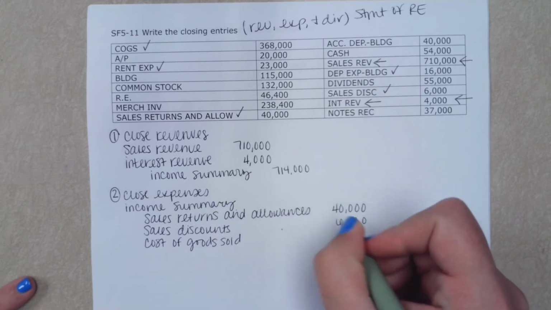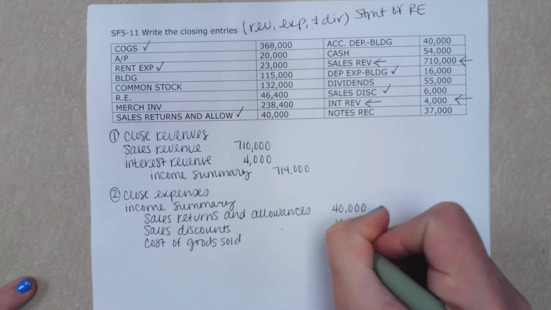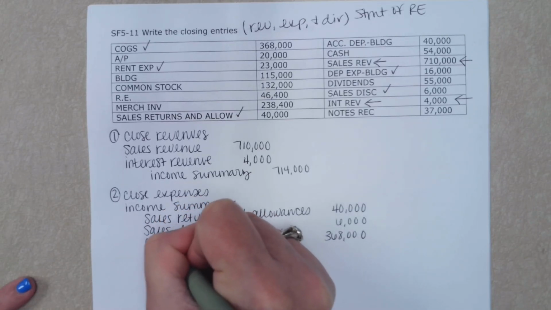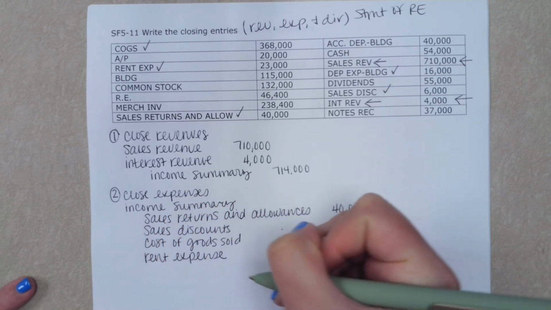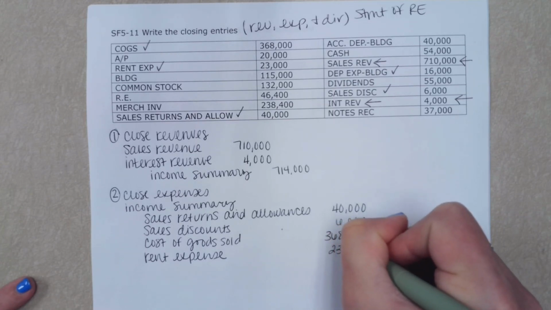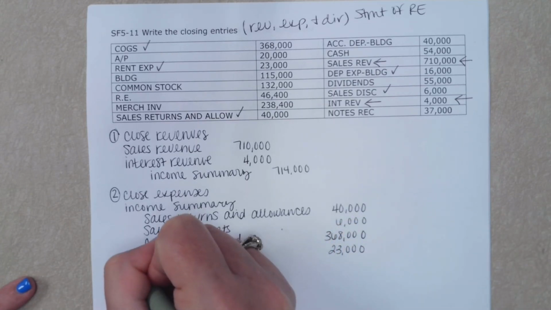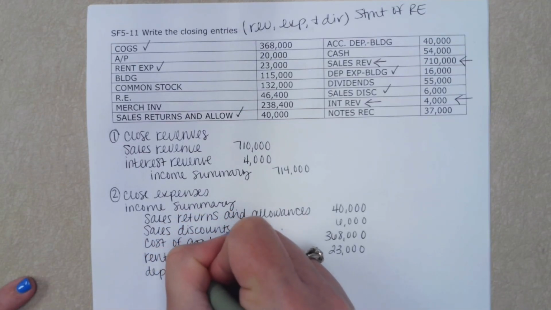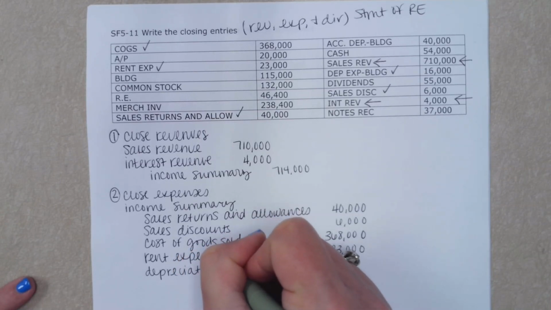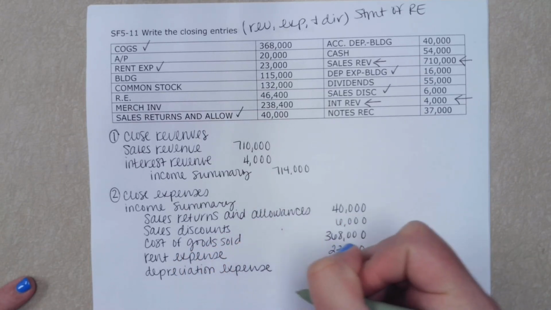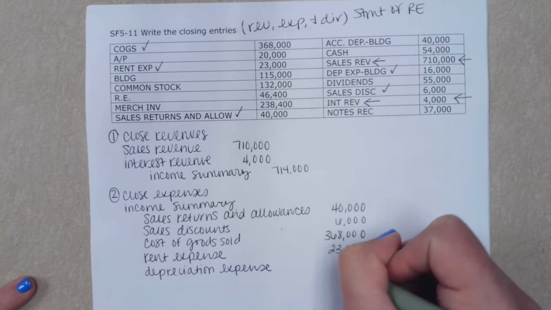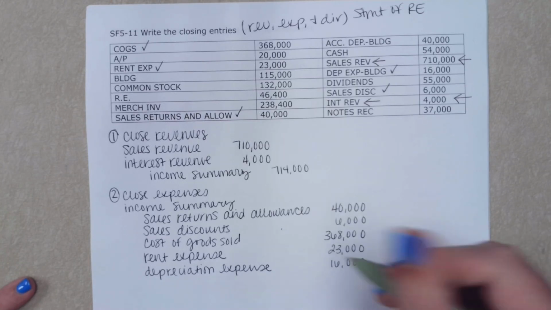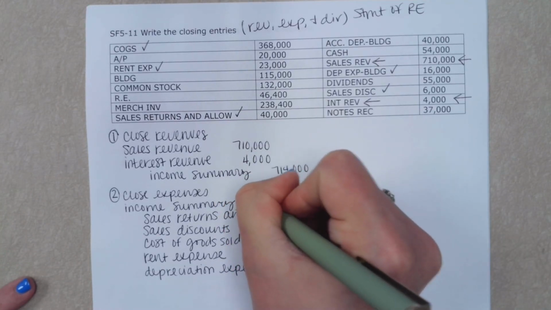That does not make any difference. Alright, so now if we add up all 5 of those numbers, they should total up to $453,000.